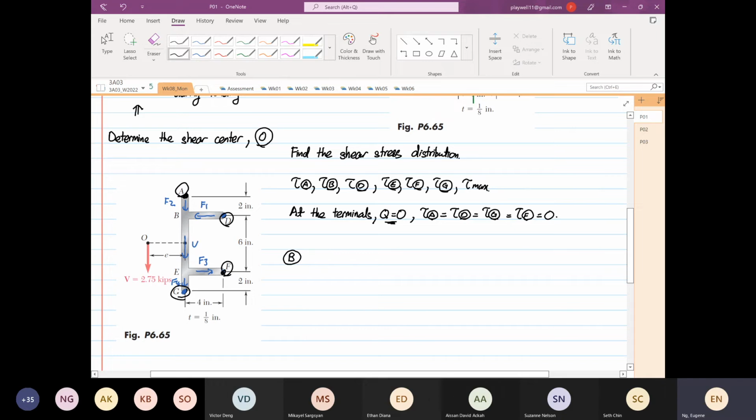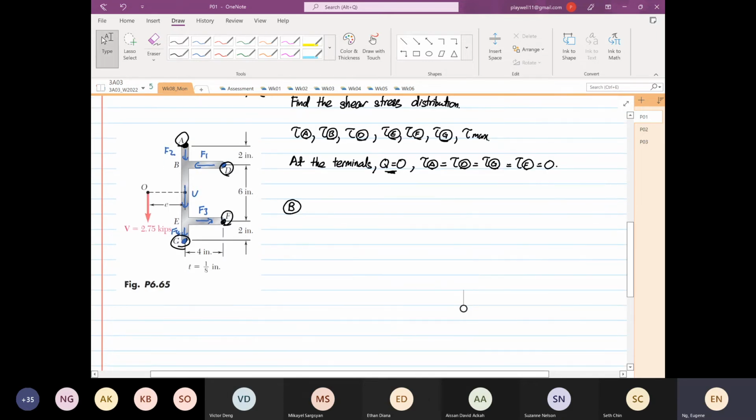Now, point B has different locations. Let me describe what I mean by different locations. I'm going to sketch point B up. So we have this, and I think I'm going to sketch our centroid.